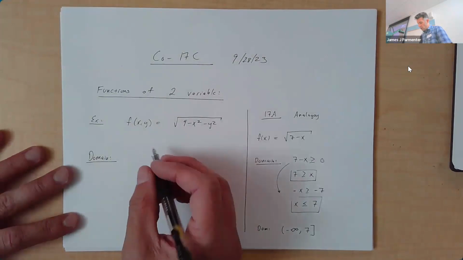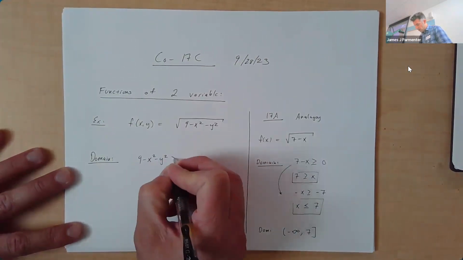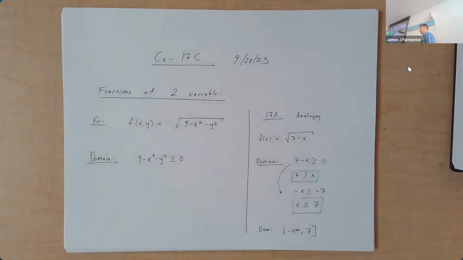For our domain here, we need everything inside the radical to be greater than or equal to 0. This is where things get a little bit different, because we can't just solve for x or solve for y here. Typically, when you have x squared plus y squared, or really where x squared and y squared have the same sign, we think of them as a grouping.